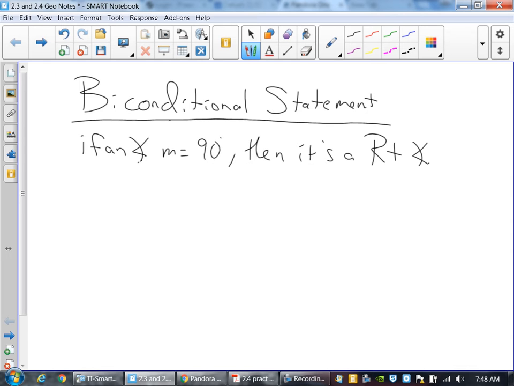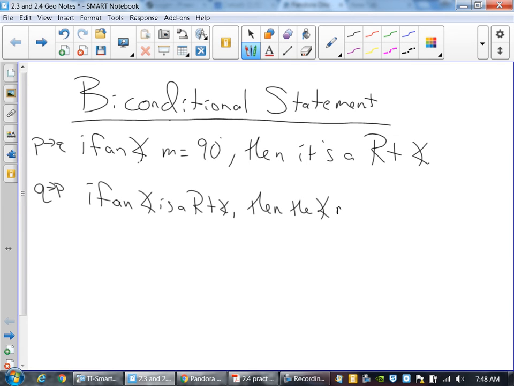So when your conditional statement and the converse are both true, you can then say it as what we call an if and only if statement.